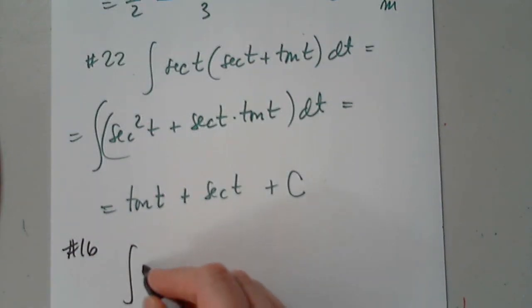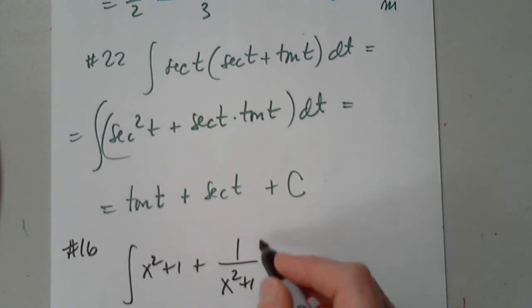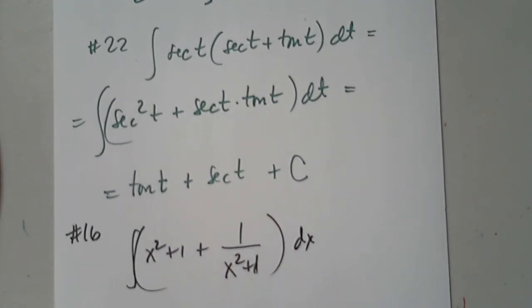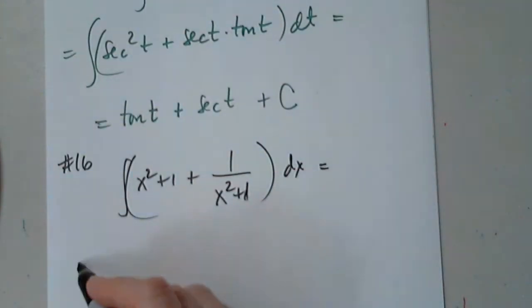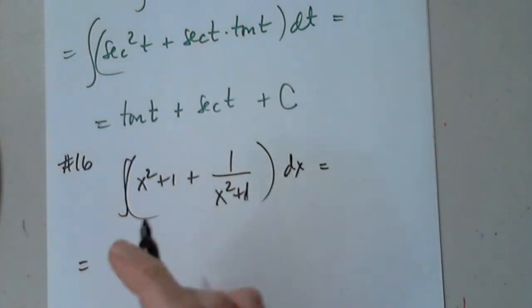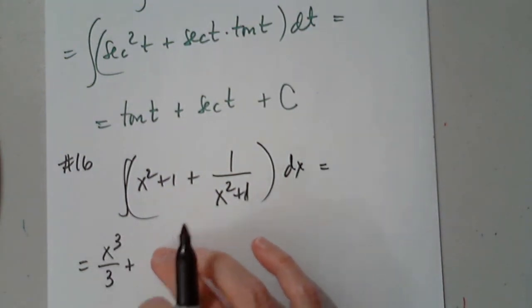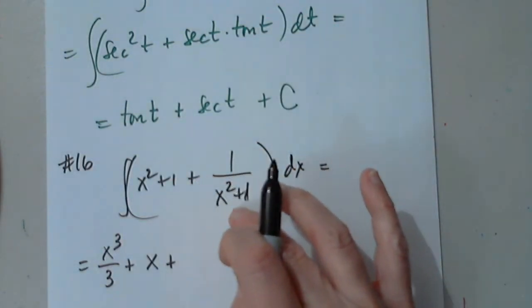We have the integral of (x squared plus 1) over (x squared plus 1) dx. Awesome. Good. Which function has x squared as its derivative? We know it's x to the third over 3 plus. Which function has 1 as its derivative? We know it's x plus. Now, which function has this as its derivative?